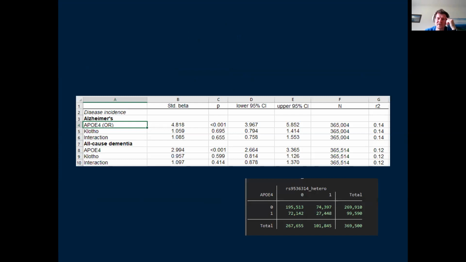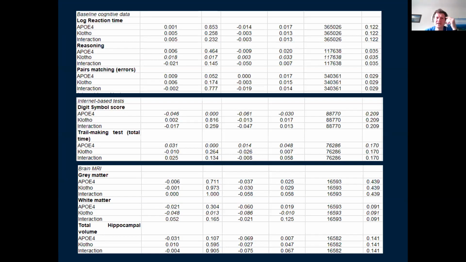And essentially what we found was really not a great deal. We found that ApoE associated with risk of Alzheimer's disease, and there were a couple of instances where Klotho genotype associated with Alzheimer's disease, dementia, baseline cognitive ability, brain MRI phenotypes, as I described earlier on the top.